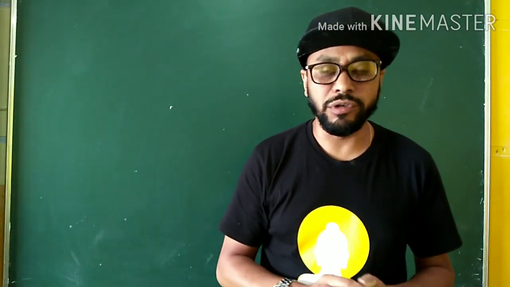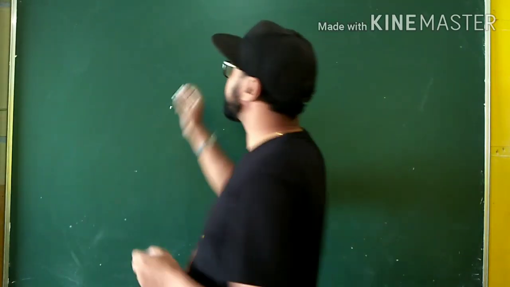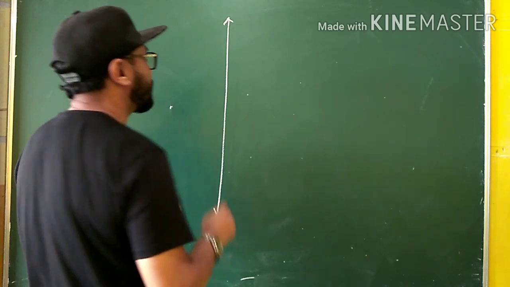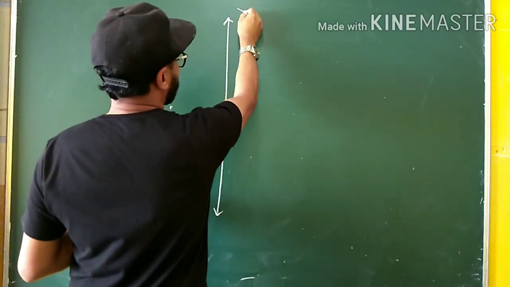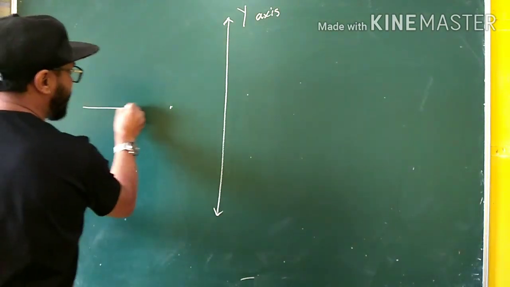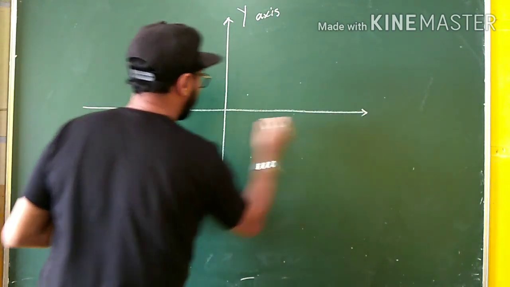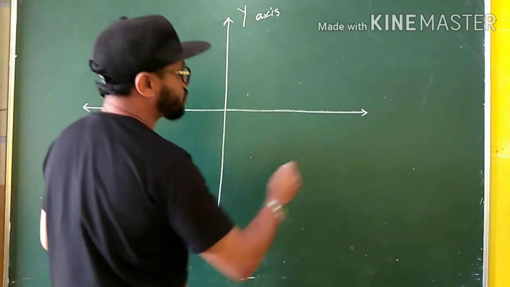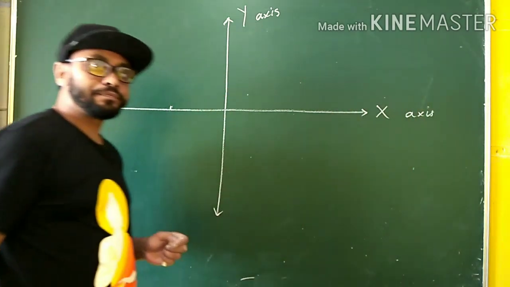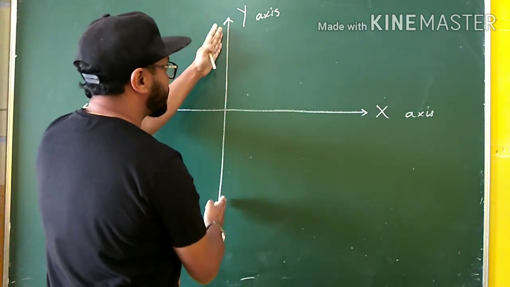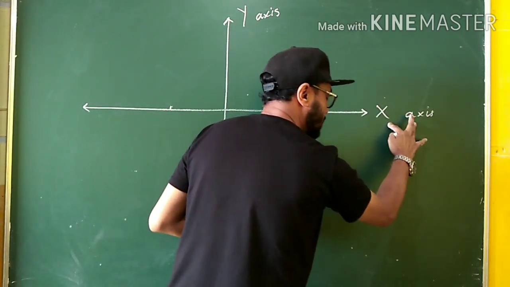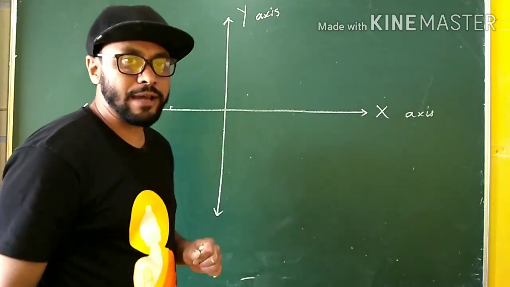Coordinate geometry comprises two axes. One is the vertical axis, which is called the y-axis, and the horizontal line, which is called the x-axis. The vertical line is your y-axis and the horizontal line is represented by the x-axis.